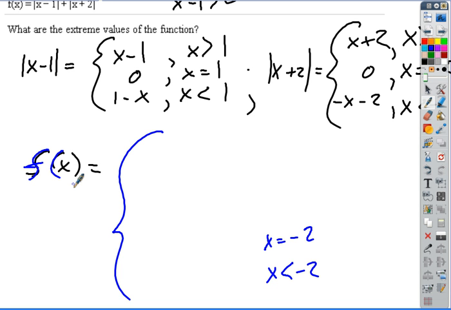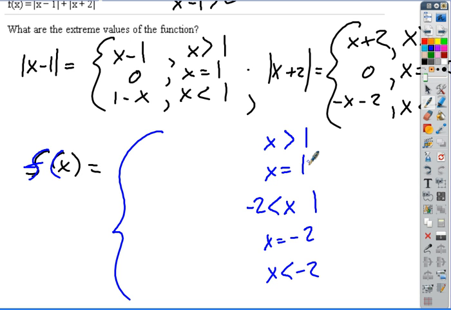So then we got x is going to be greater than -2 and less than 1, right? Because we run into another boundary of 1. We've got x equals 1, or we've got x is greater than 1. There's all the possible ways we could have sliced and diced this sum, right?